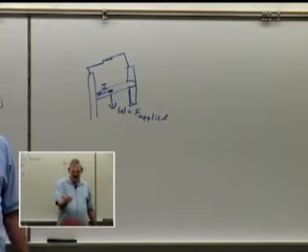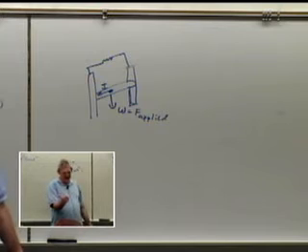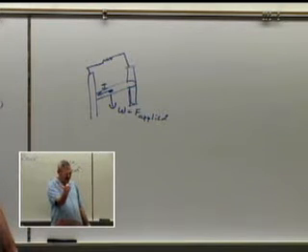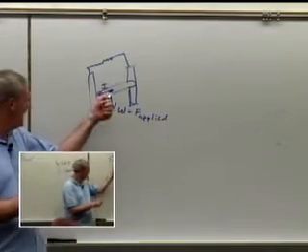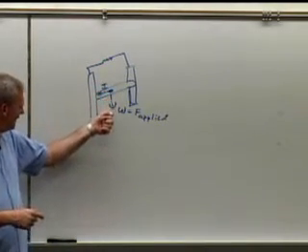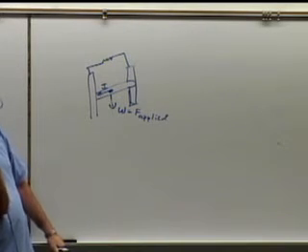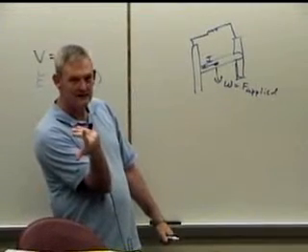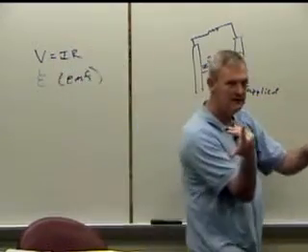That's going to create a current that's going to go this way. Here's what happens. We've got magnetic field going out this way, and we've got our particles that actually have a velocity that's going down. So that creates a force that's going to the right. Are you with me so far?